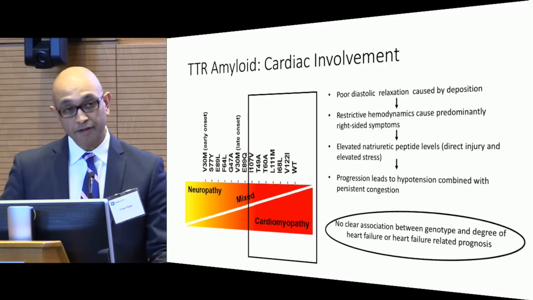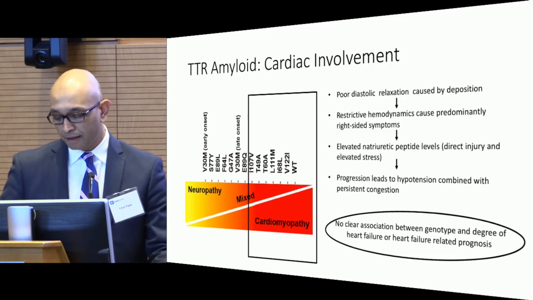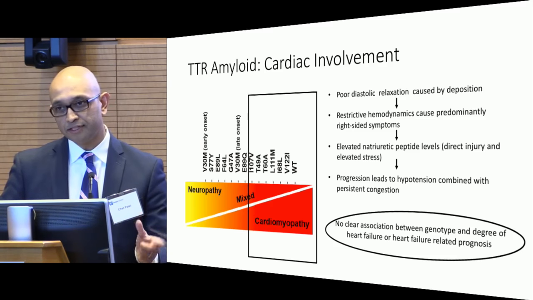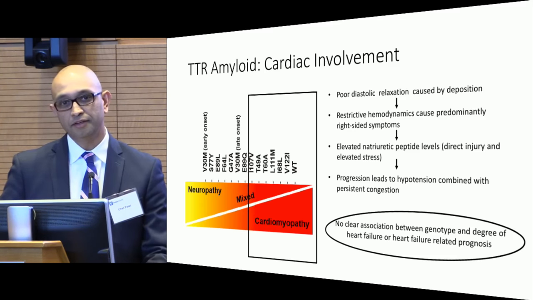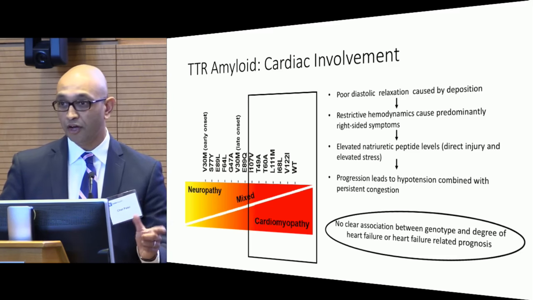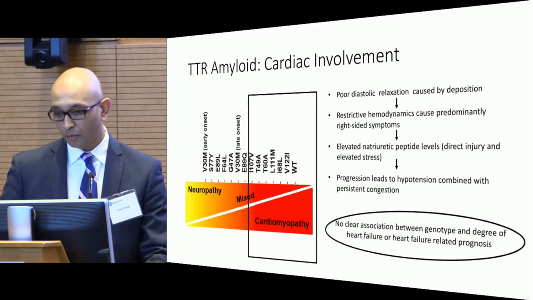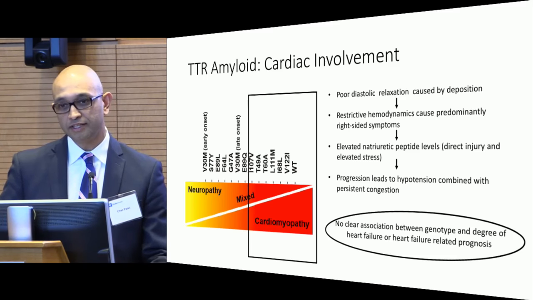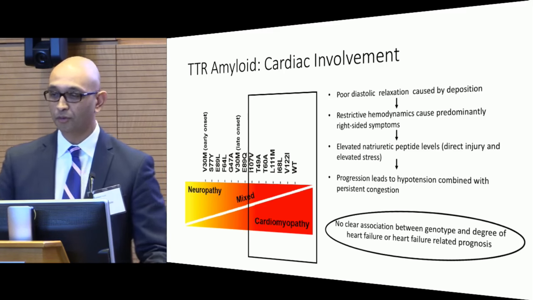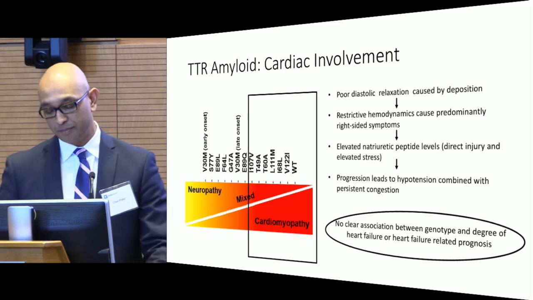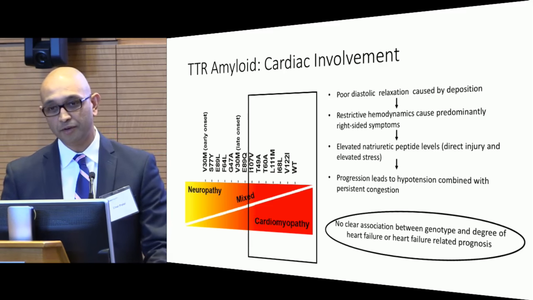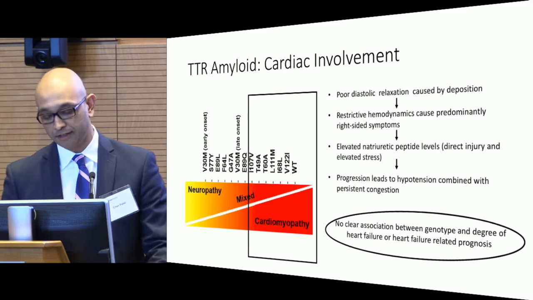They have elevated natriuretic peptides due to direct injury or stress in the myocardium, and that is not only a marker for disease, but it also has a pathologic role in the development of congestion. These natriuretic peptides that are released are not as effective when released in high quantities, and are often referred to as junk BNP, natriuretic peptides that don't have a good physiological effect in the kidney.